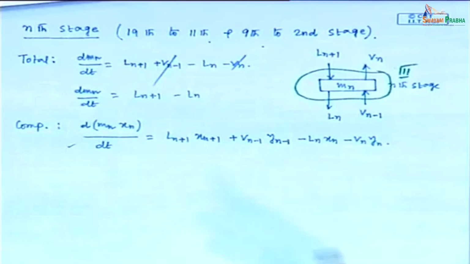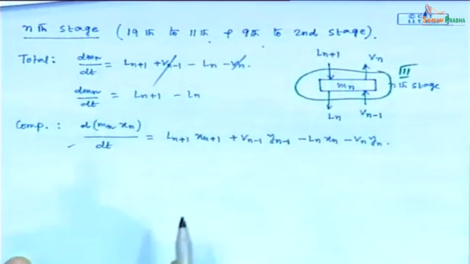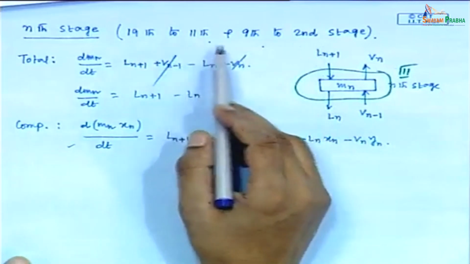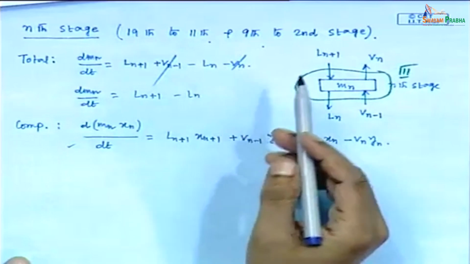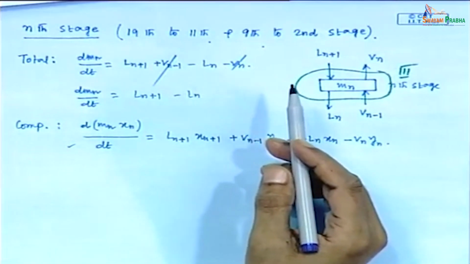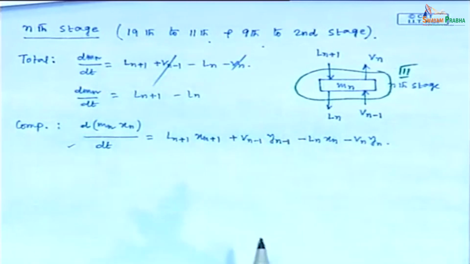Next we will consider the feed stage, which is not included within this n stage. Also, the first stage is not included here, because that has slightly different nomenclature. Similarly, the column base we have to consider separately.